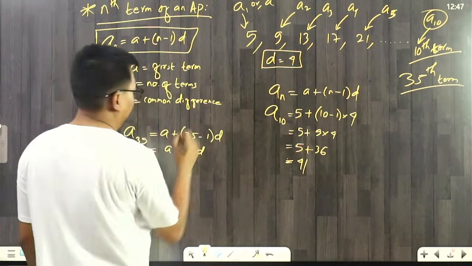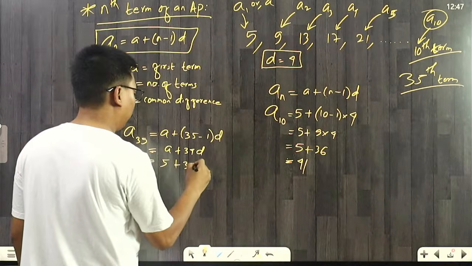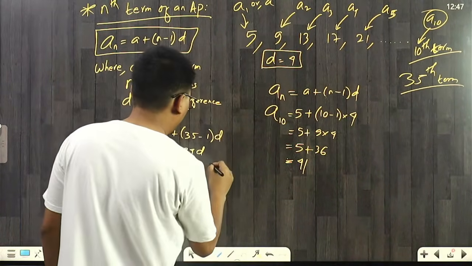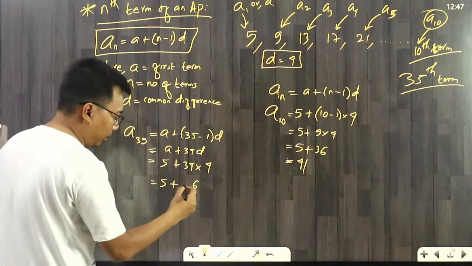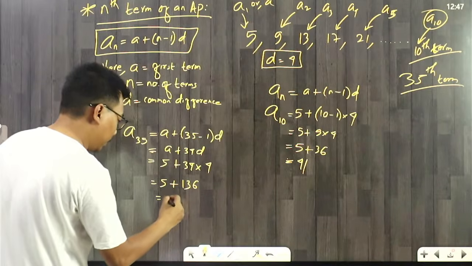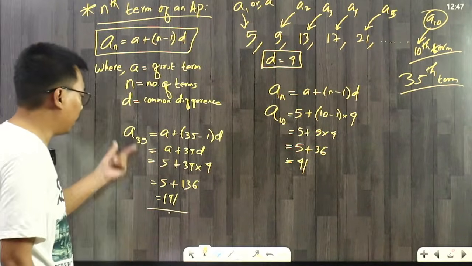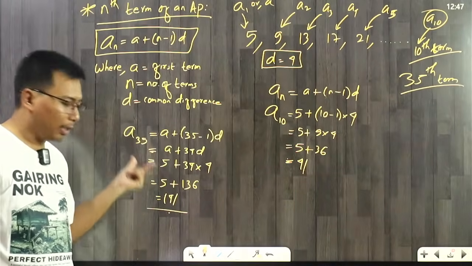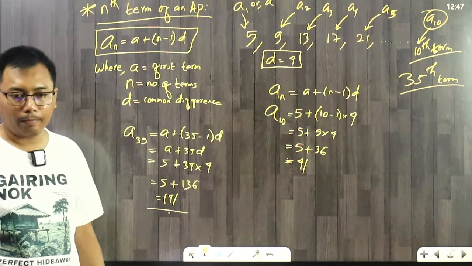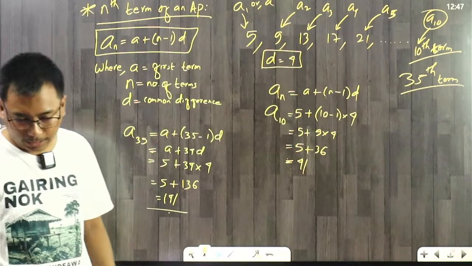What is a here? 5. So 5 plus 34 into d, and d is 4. 34 into 4 is 136. 136 plus 5 will be 141. So our 35th term in this AP will be 141. Is that clear?